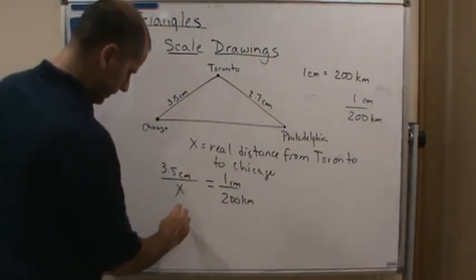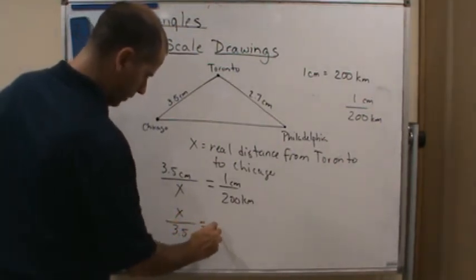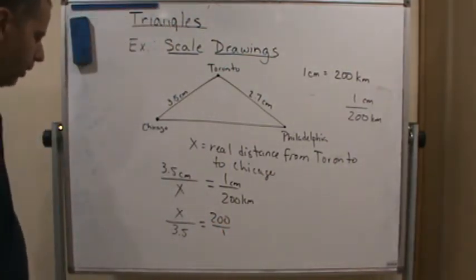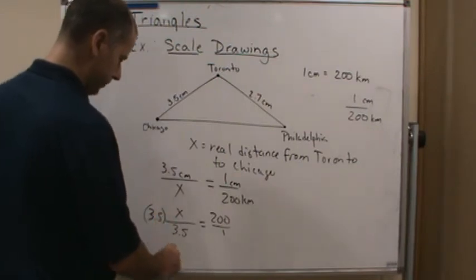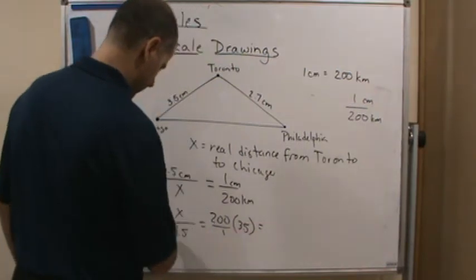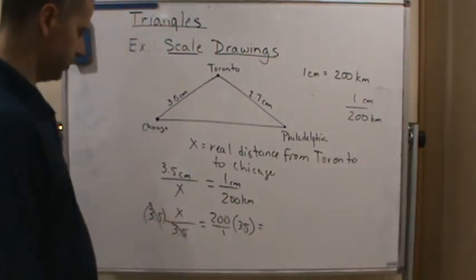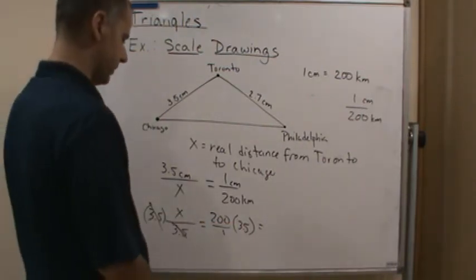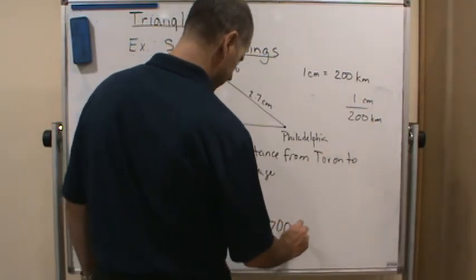So let's write this as x over 3.5 is equal to 200 over 1. Now all I have to do is multiply both sides by 3.5. So I get x equals 200 times 3.5, which is 700 miles. Or, I'm sorry, 700 kilometers.